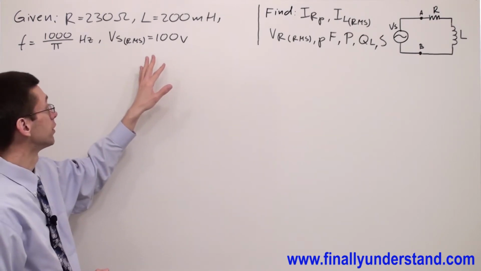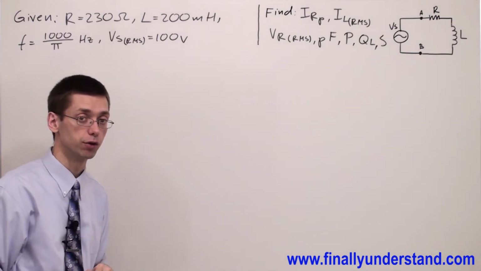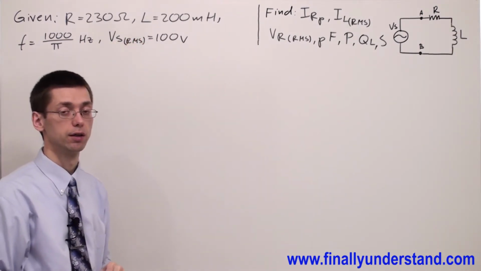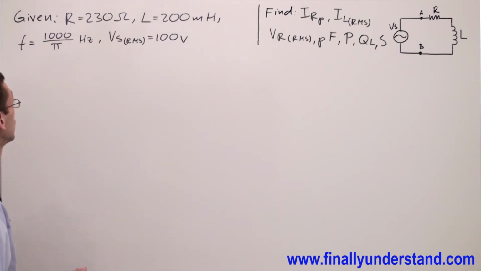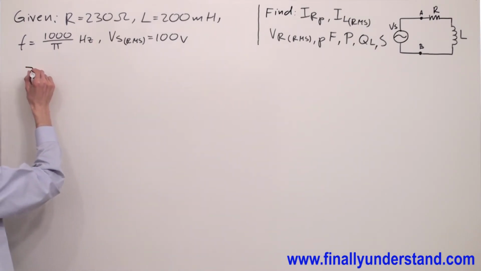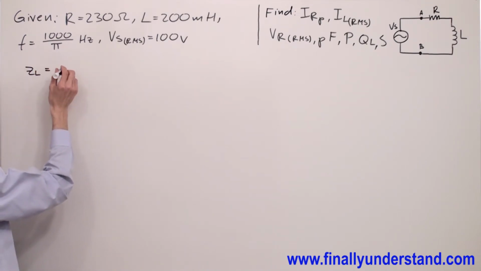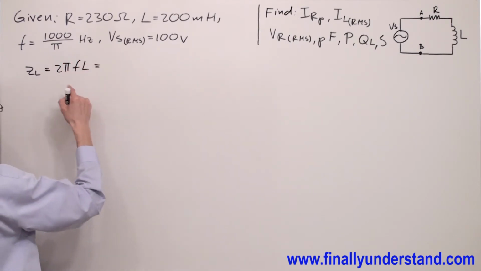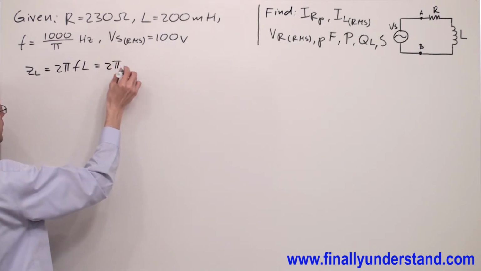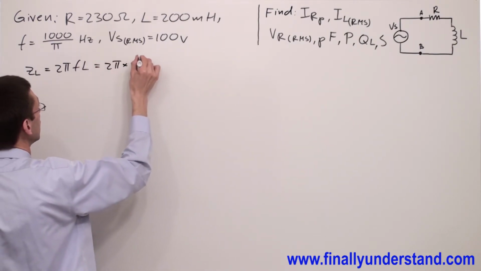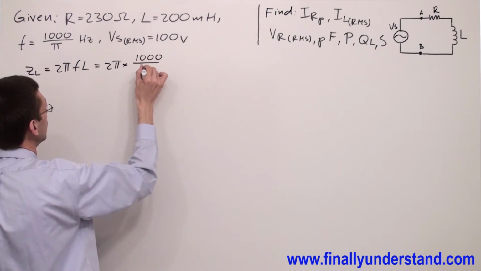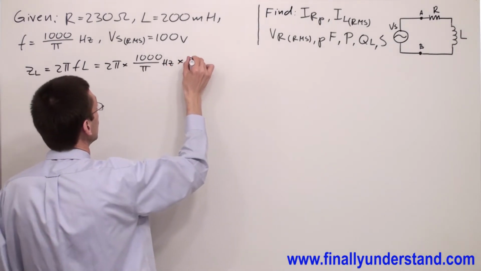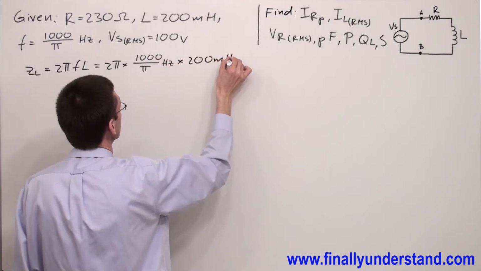So what we're supposed to do first? No matter what voltage we have given, we're supposed to find Z total first. In order to find Z total first, I have to find the impedance of the inductor. In order to do so, I'm supposed to use the formula which says ZL is equal to 2 pi FL. So I have 2 pi times the frequency, which is equal 1000 over pi hertz, times L, 200 millihenries.